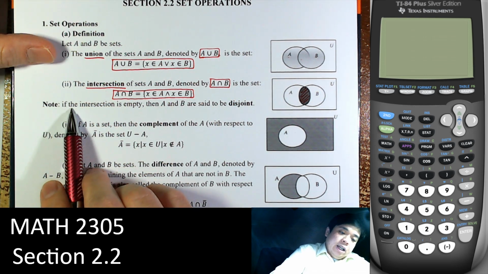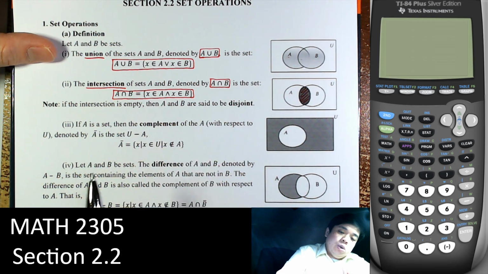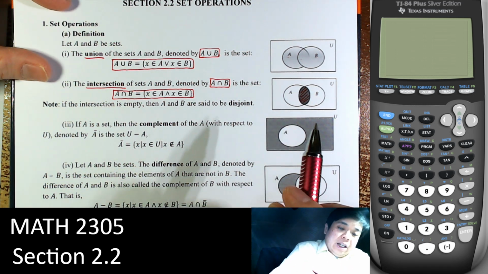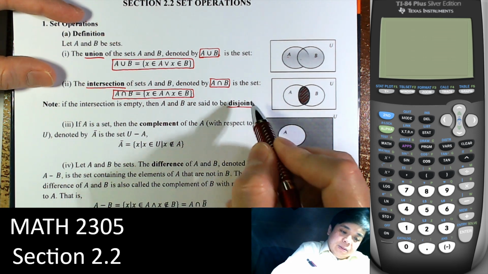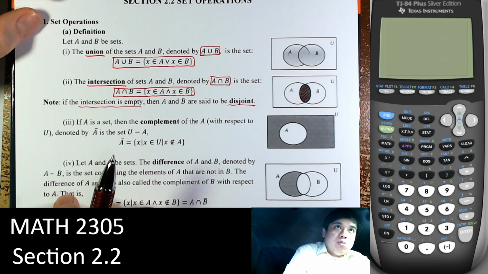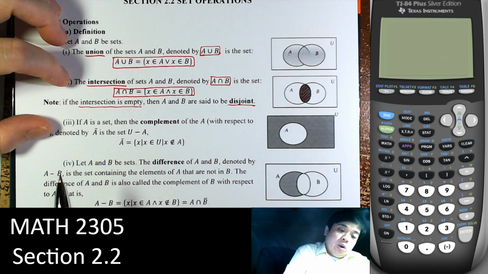If the intersection is empty, then A and B are said to be disjoint. So if they have nothing in common, they are said to be disjoint. So two operations: one with the disjunction, one with the conjunction.